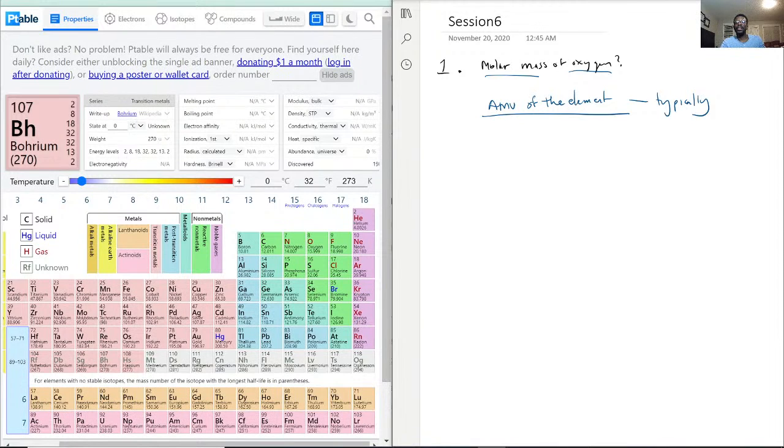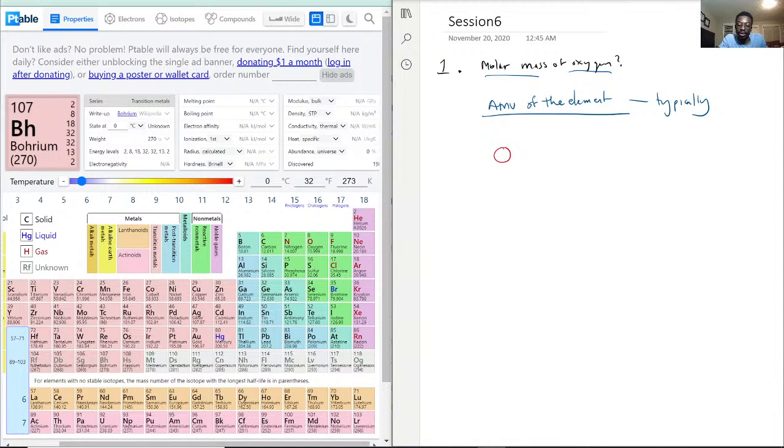But in natural environments, oxygen rarely appears like this, okay? With that being said though, this is not how it appears in the environment.